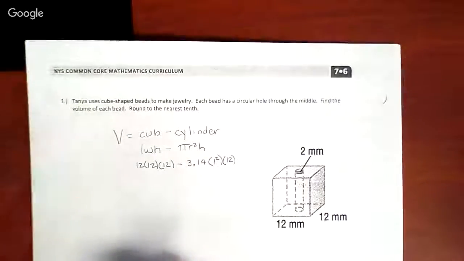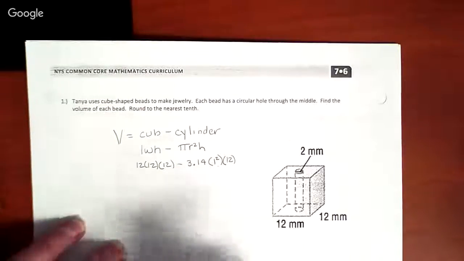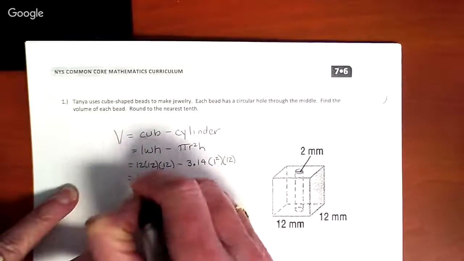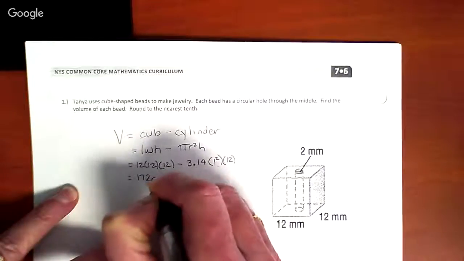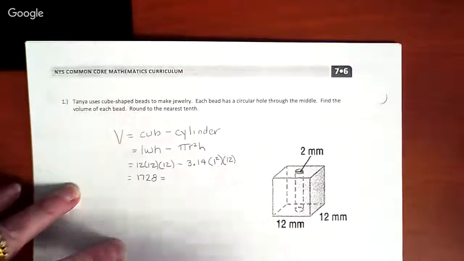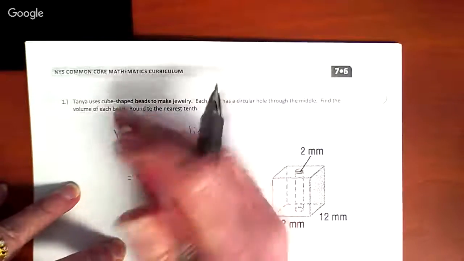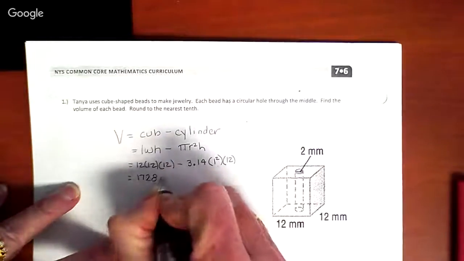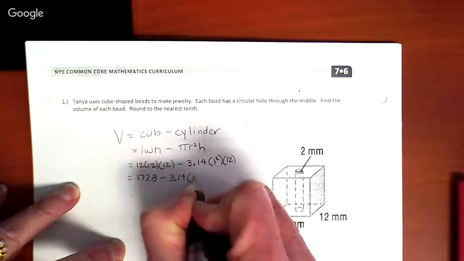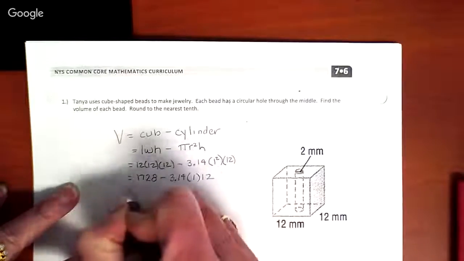So now 12 times 12 three times, or 12 to the third power, either one, is 1728, minus 3.14 times 1 times 12.